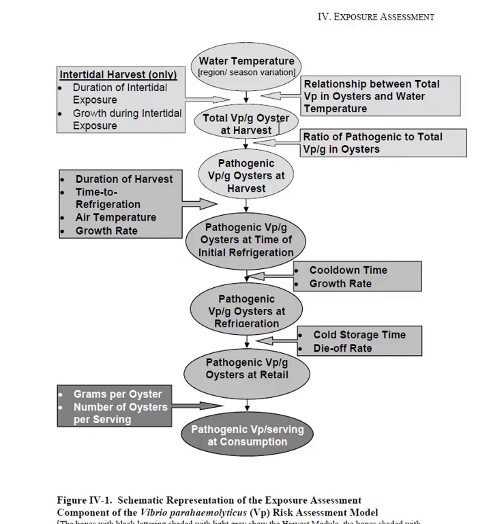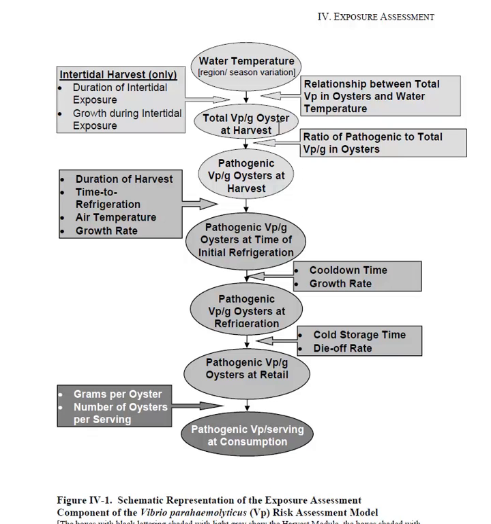Now, not all of those Vibrio are going to be pathogenic or harmful to humans, so at some point in this model, we'll have to figure out the ratio of pathogenic to total Vibrio per gram in oysters. That's actually done in the model near the end of the calculation.